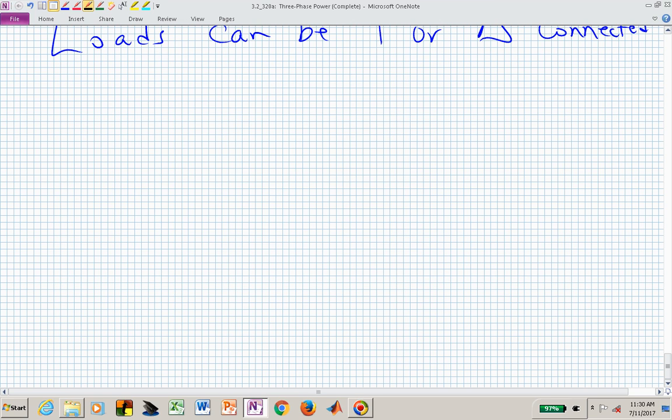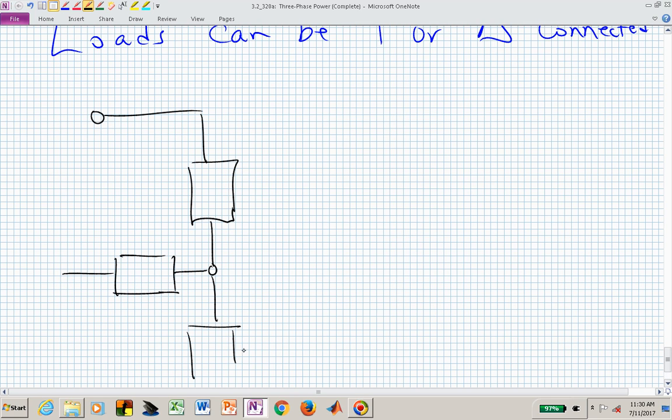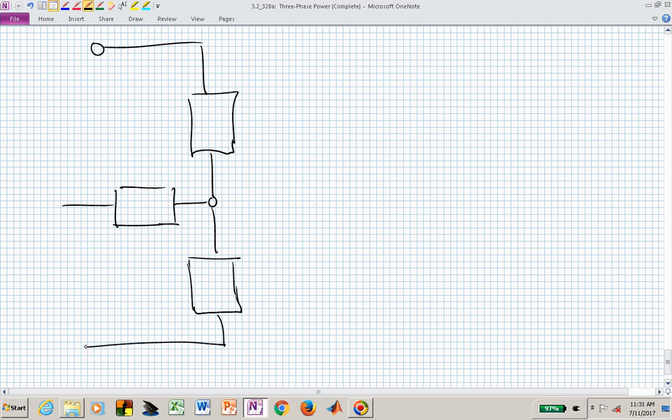So let's look at the Y. In the Y, we typically draw it maybe to not look quite so Y-ish, but hopefully you can see the Y characteristic of this. And now let's just say this is our A phase impedance, this is our B phase impedance.